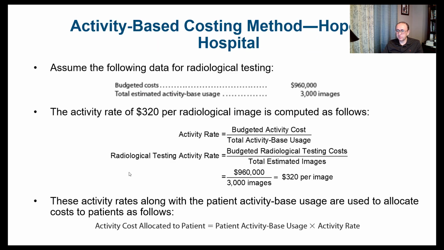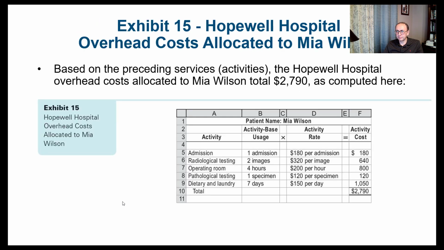These activity rates along with the patient activity-based usage are used to allocate cost to patients as follows. We take the patient activity-based usage multiplied by the activity rate to get the activity costs allocated to the patient. So here you see we have one admission, for one of the patients, Maya Wilson.